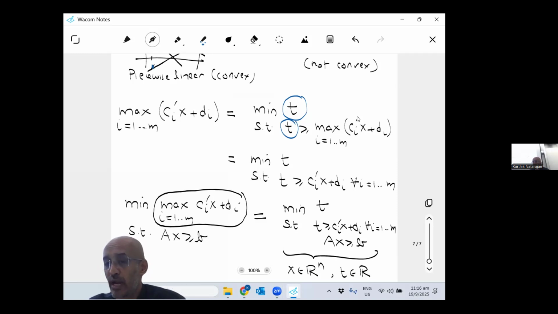But this is a linear program. It's linear in t, it's linear in x. So we took a piecewise linear convex program and wrote it as an LP. This is a very useful trick which will show up very often, so it should be something you're comfortable with. We can use this in different ways.